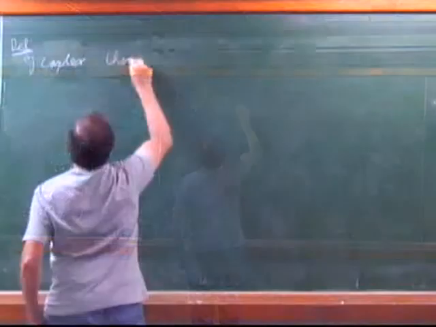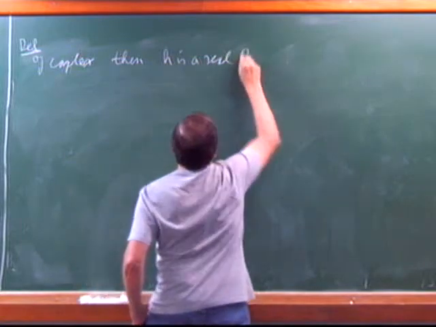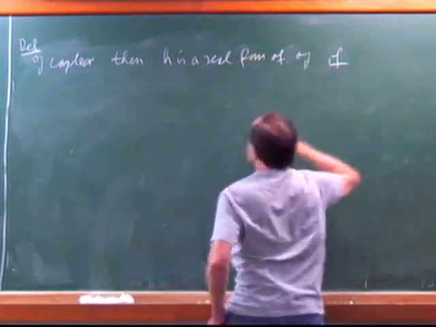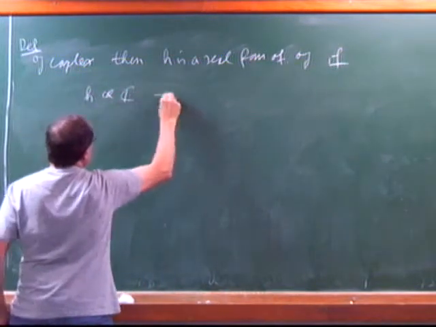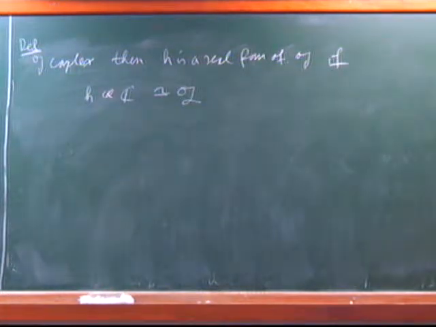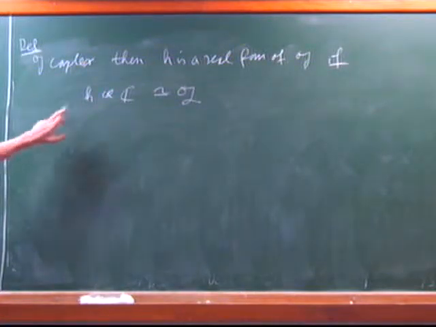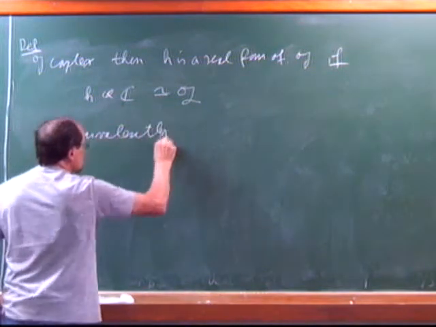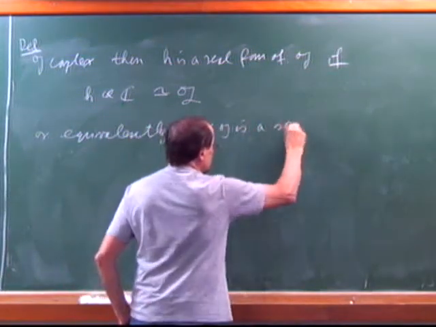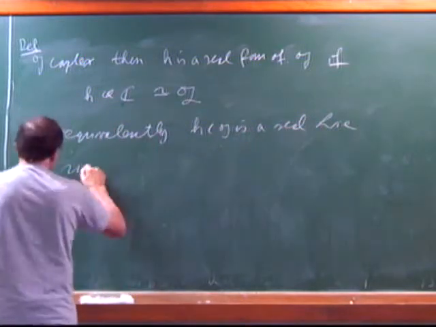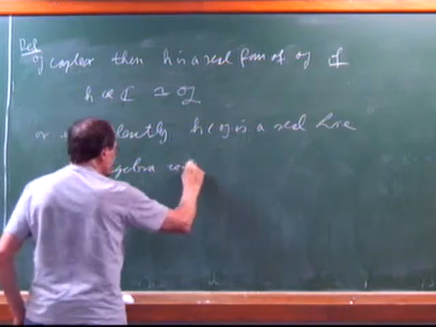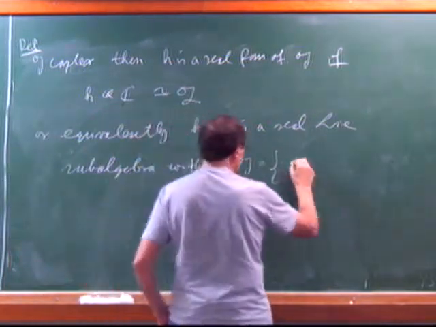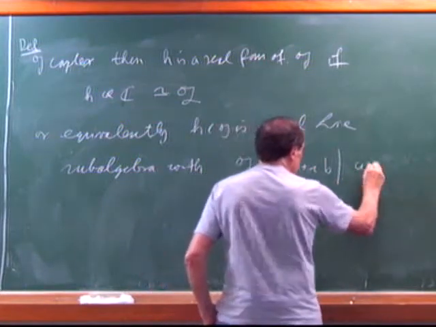Then H is a real form of a complex Lie algebra G if H tensor C is isomorphic to G. So all the complexifications of real Lie algebras form a set of complex Lie algebras, and H is then called a real form of the Lie algebra G. Or equivalently, H contained in G is a real Lie subalgebra with G the set of all A plus iB where A and B lie in H.